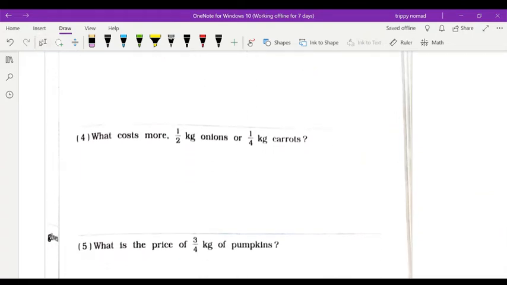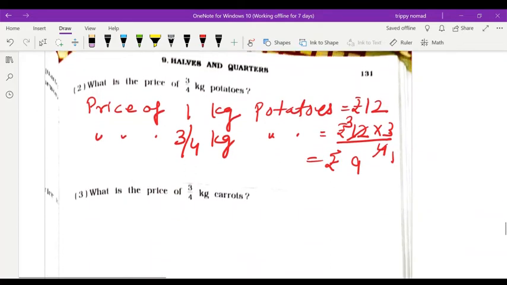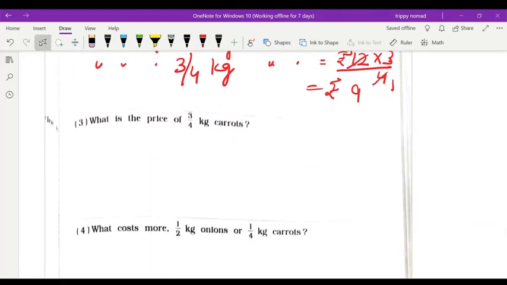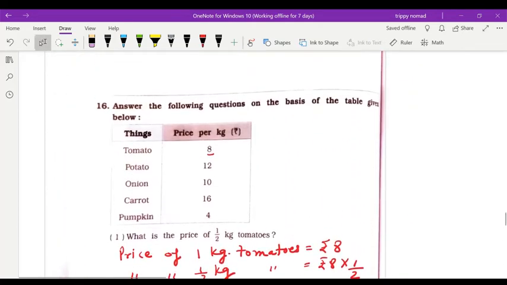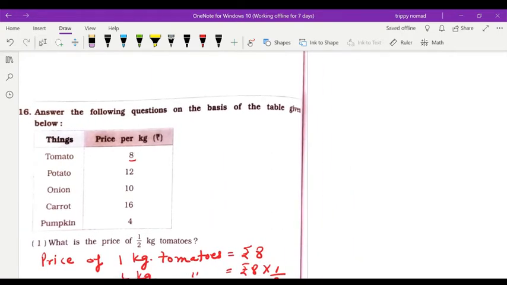What costs more, half kg onion or 1/4 kg carrot? How will you do it? First of all, you will find out the price of onion and carrot. I am doing this fourth one. Price of 1 kg onion is rupees 10.